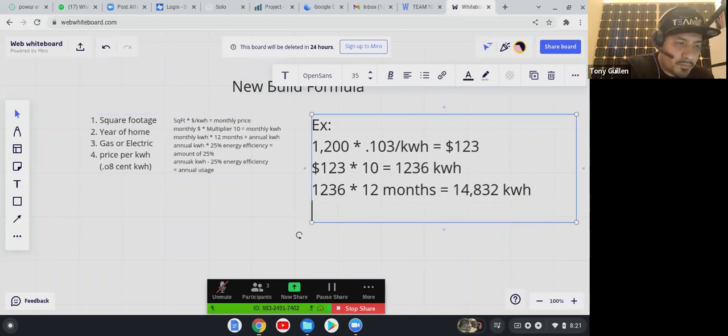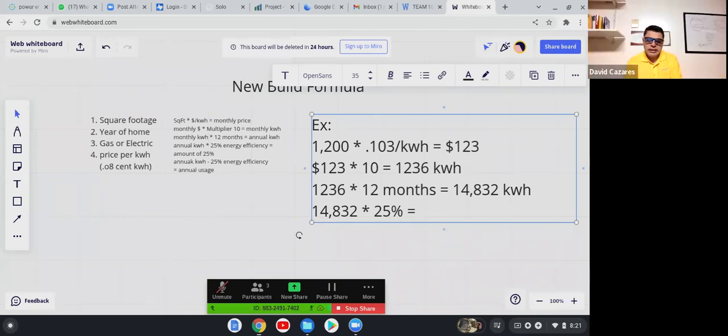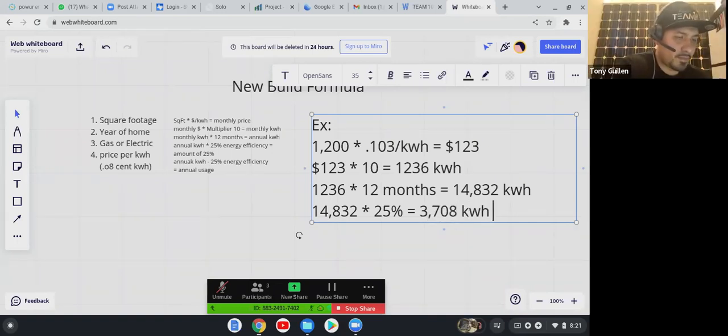Okay, so we've got 12 months, and now we've got our annual, 14,832. Now we're going to multiply that by 25%. What do we get? 3,708. So now we're going to do 14,832 minus 3,708.